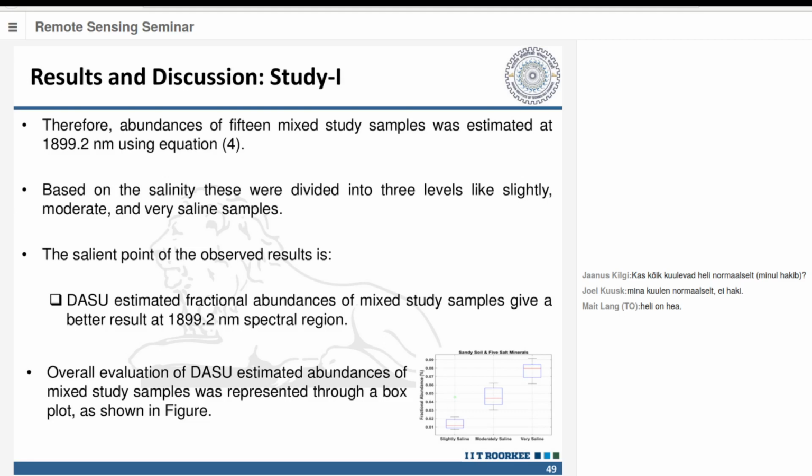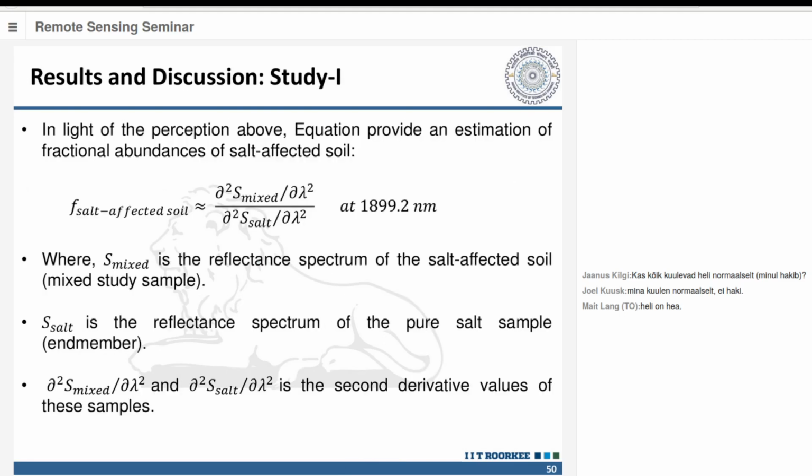Overall evaluation of DASU estimated abundances of mixed study samples was prepared through a box plot as shown in the figure. So based on this study, I have chosen a second derivative equation at the wavelength region of 1899.2 nanometer.